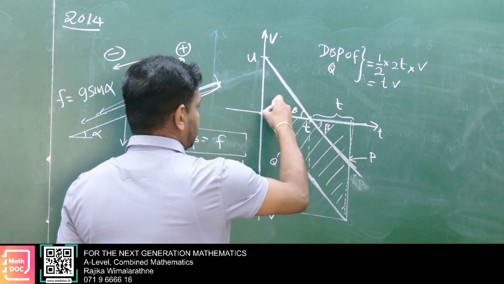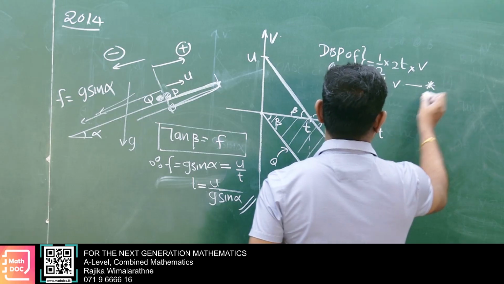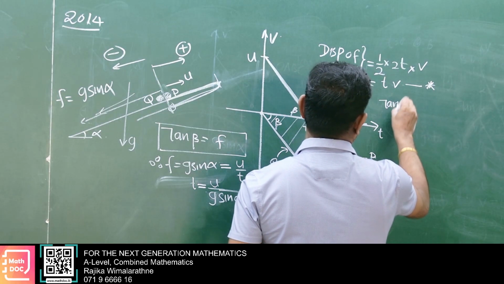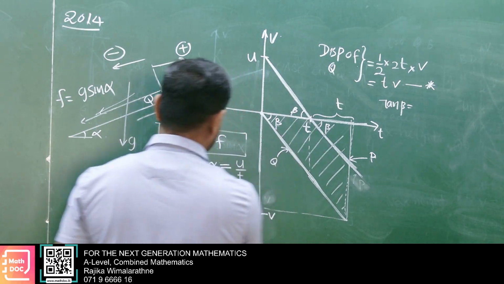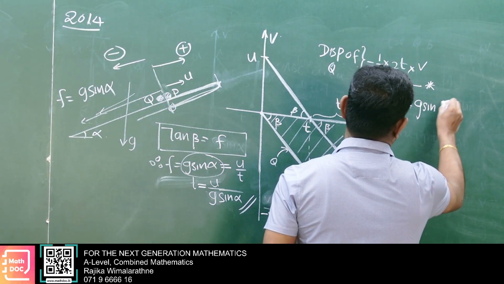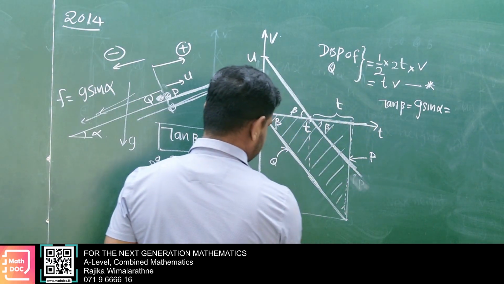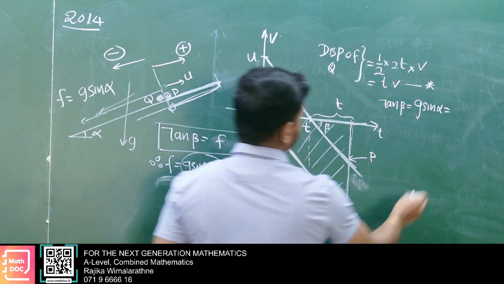Again with the same acceleration, take this relation: tan beta is the acceleration, that is g sine alpha, equals v divided by 2t.